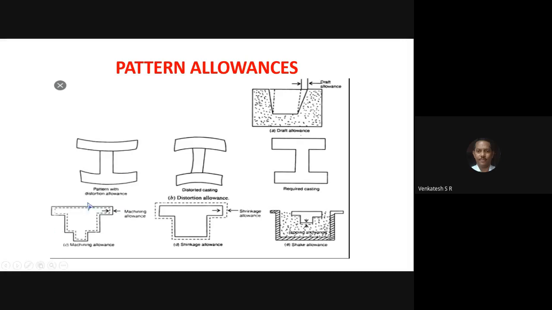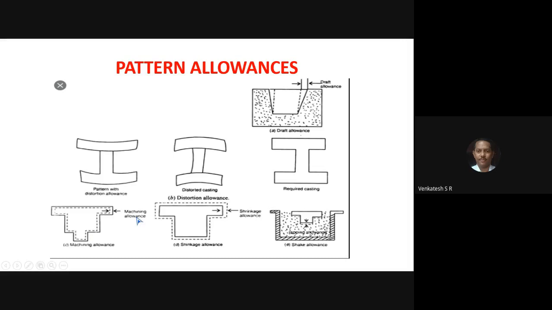You remove the extra metal present on the casting. The dotted line indicates the size of the casting and the thick line indicates the machining allowance. The distance between the dotted line and the thick line is the machining allowance.